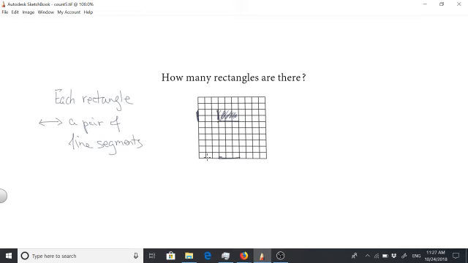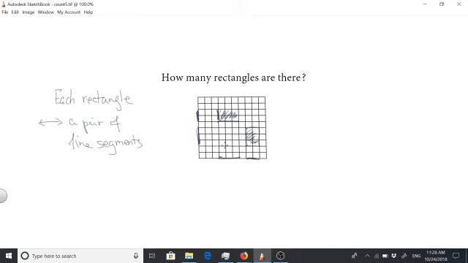So let's look at the example. For example, I pick a line segment here, this line segment, okay? And I pick a line segment here, this line segment. So it corresponds to a rectangle, where the rectangle is on top of this line segment and to the right of this line segment. So it will be here, here, here, and here, you see? Any pair of line segments gives you exactly one rectangle.